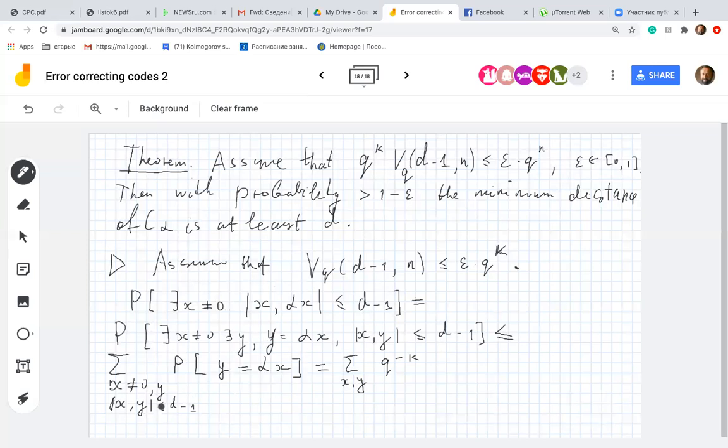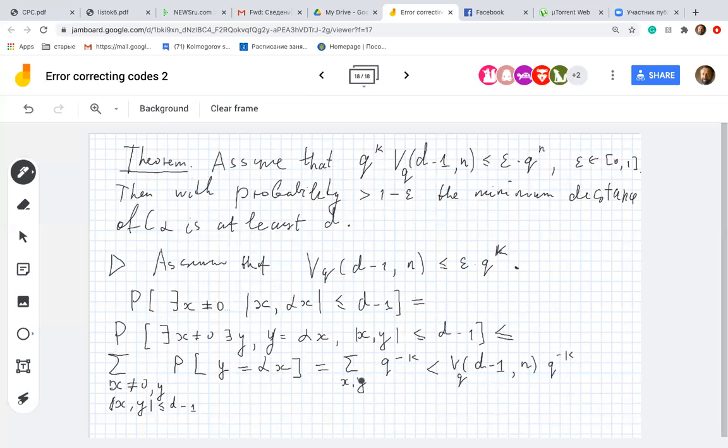But actually many of them are bad because we also need x to be different from 0. So this sum has strictly fewer terms than the volume of the ball, so it is strictly less than the volume of the ball times q to the minus k.